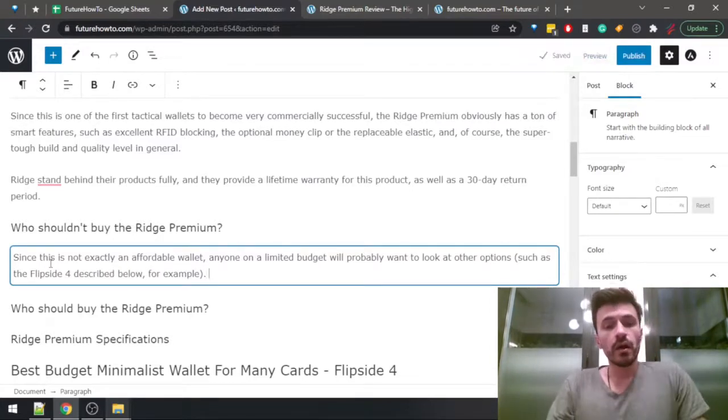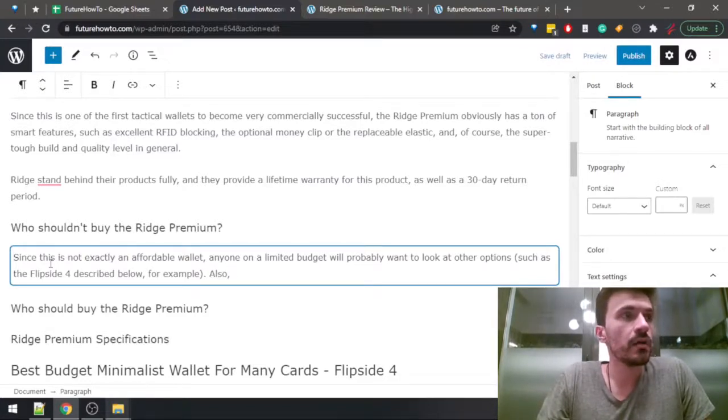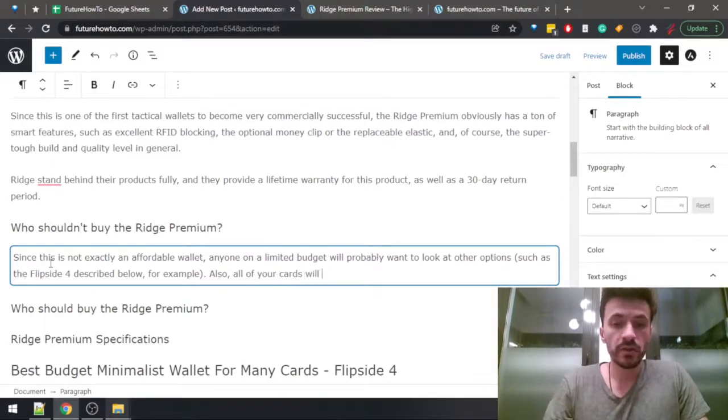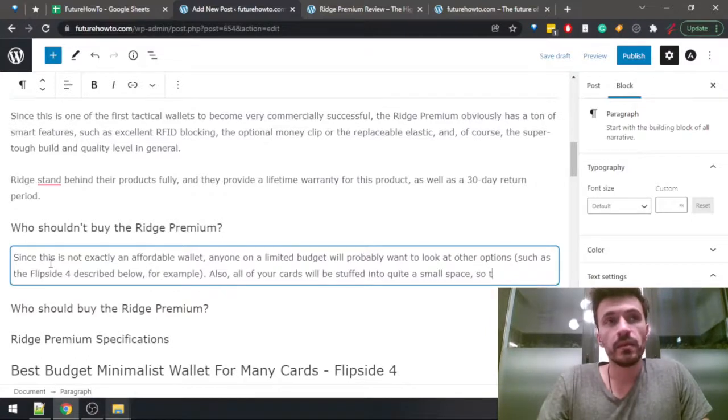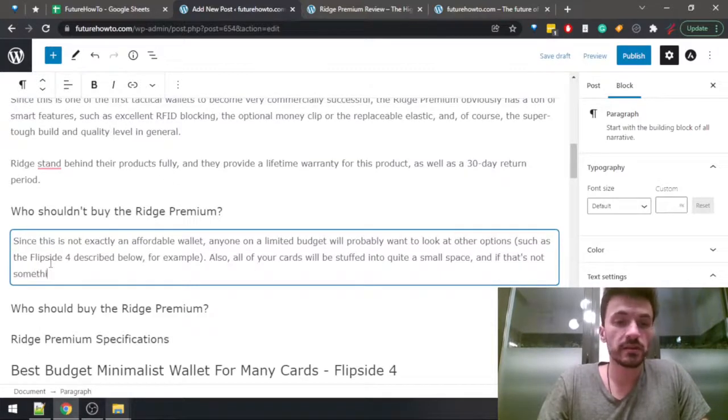For example, also the cards, all of your cards will be stuffed into quite a small space, and if that's not something you like, you may want to choose a different wallet.